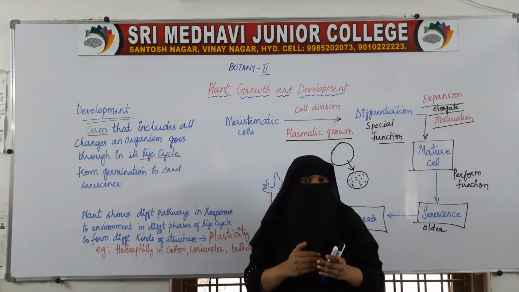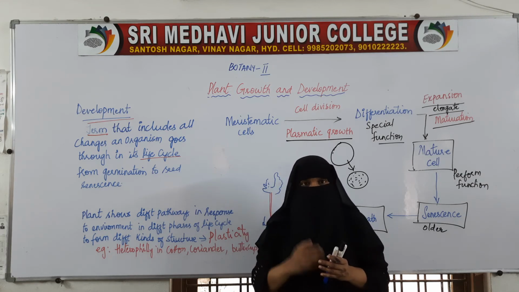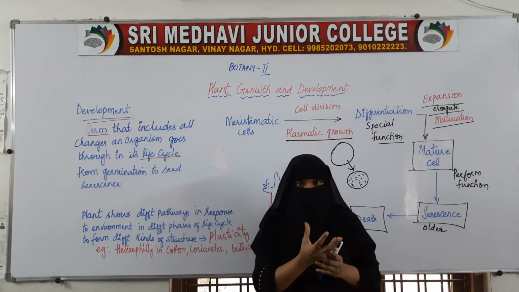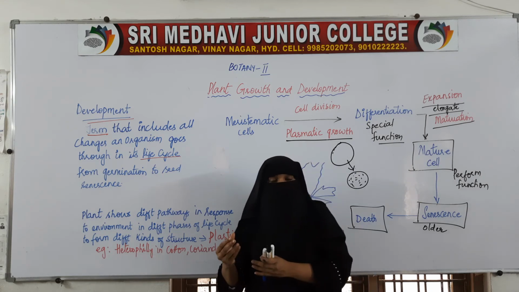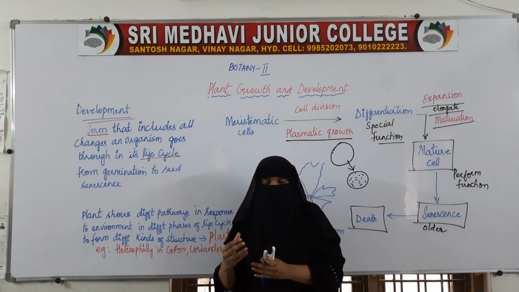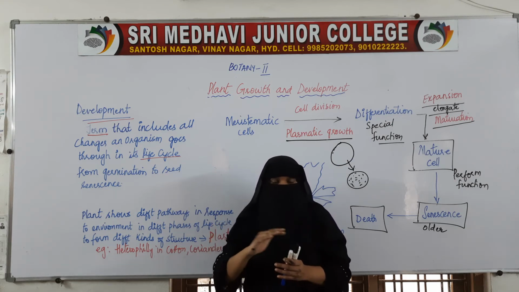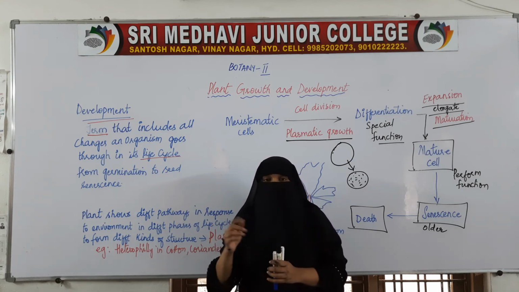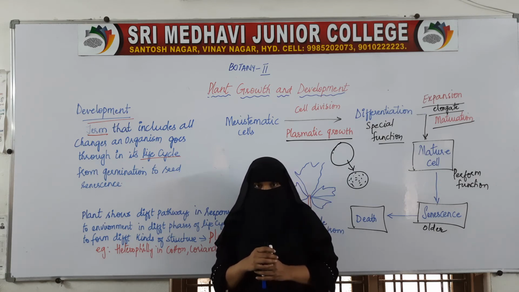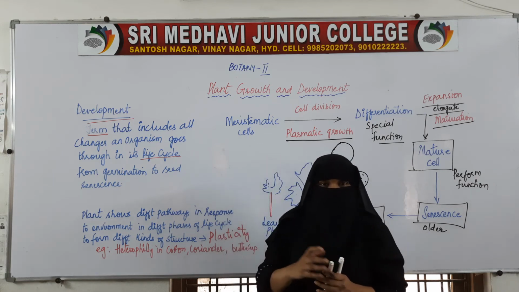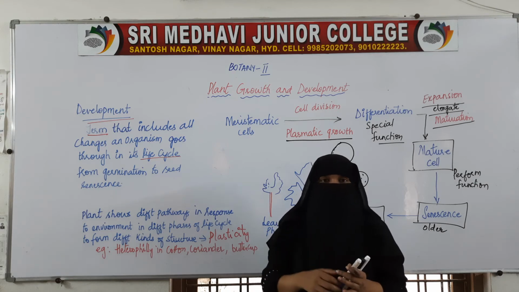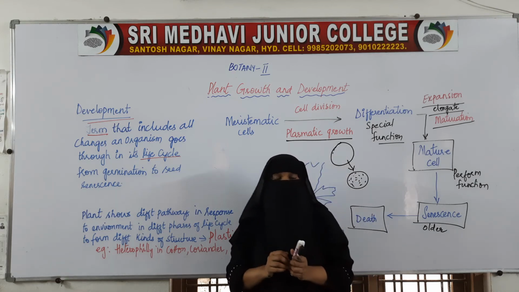When the plant is in the juvenile stage, the structure of the leaf will be different, and when the plant becomes mature, the structure will be different. So these changes in the structure are because of the environment, the response to the environment in different phases of life.